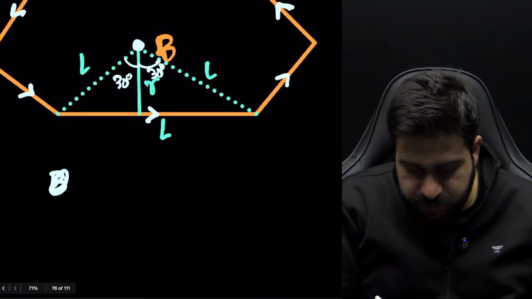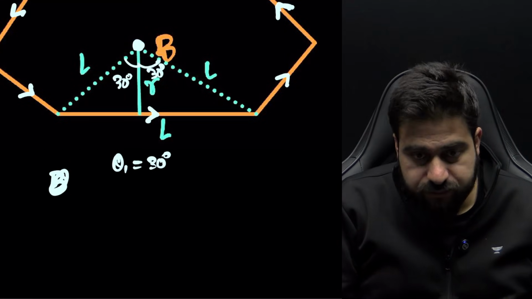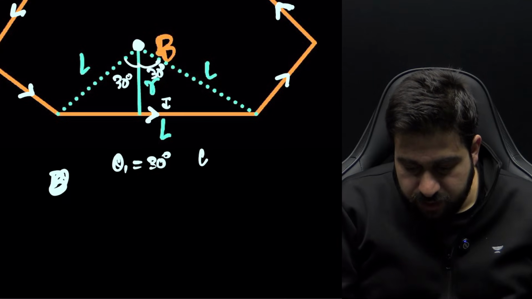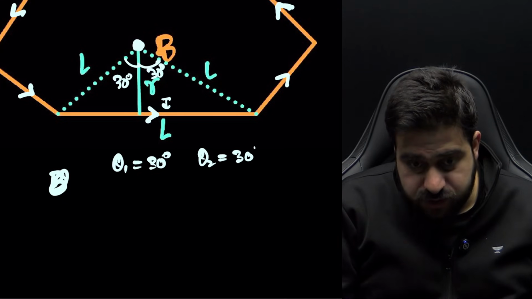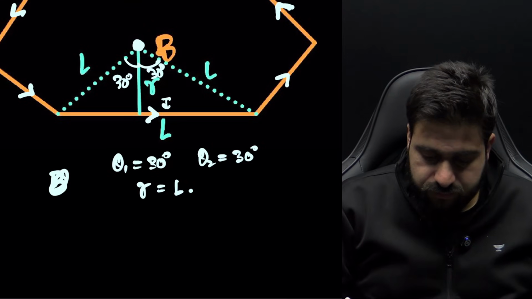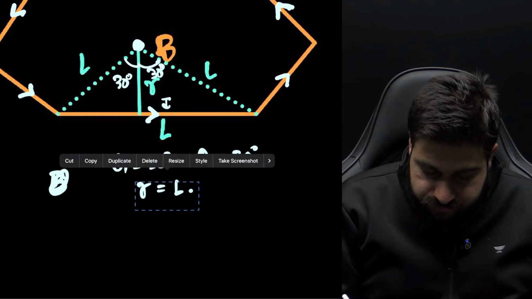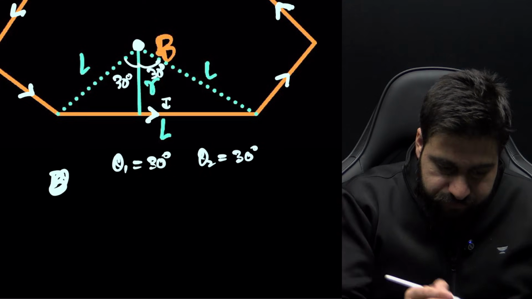Here theta 1 is 30, and you find it due to this wire in which current I is flowing. Theta 2 in this particular case is also 30. And R will be L. Okay, R will not be L. R we have to find out.